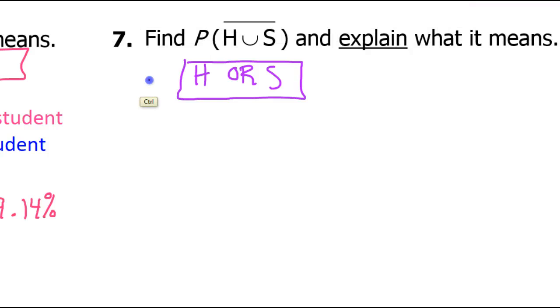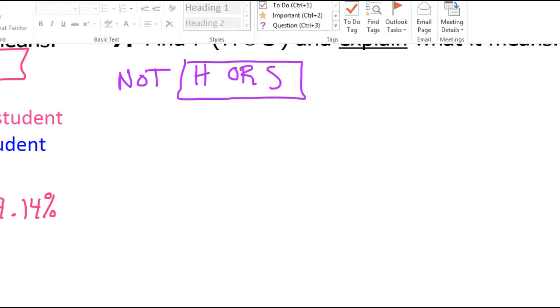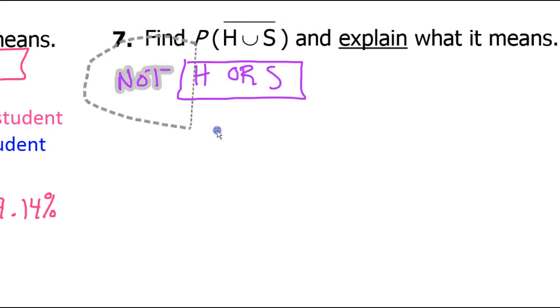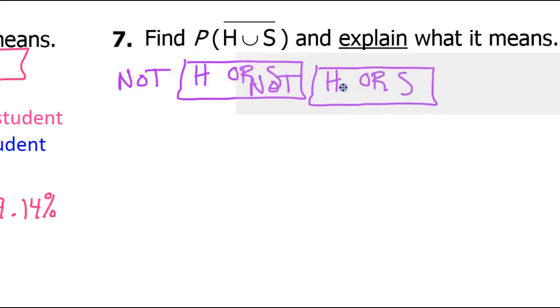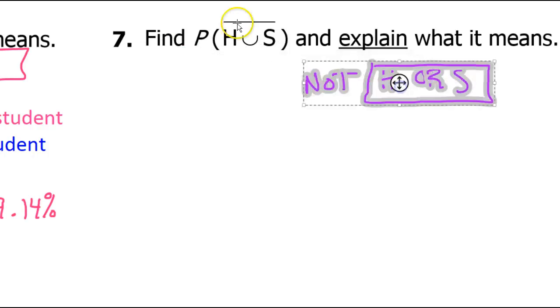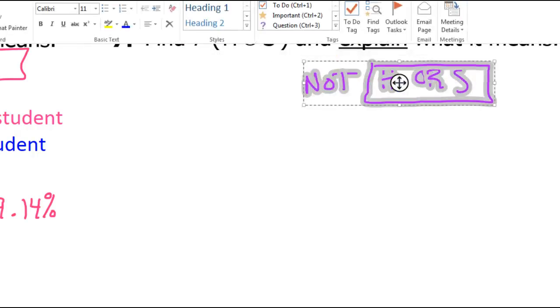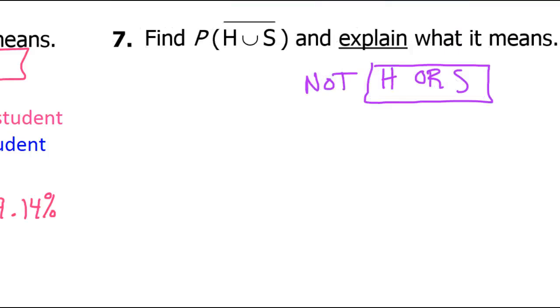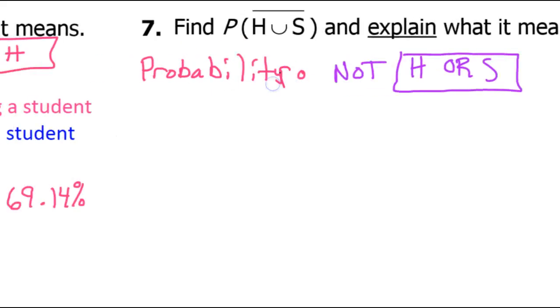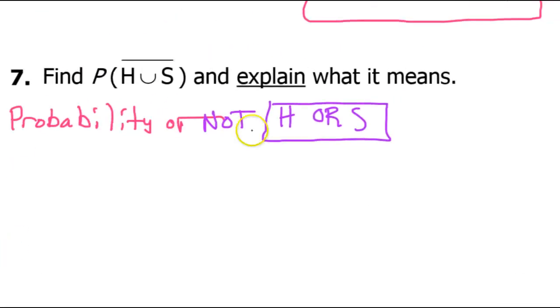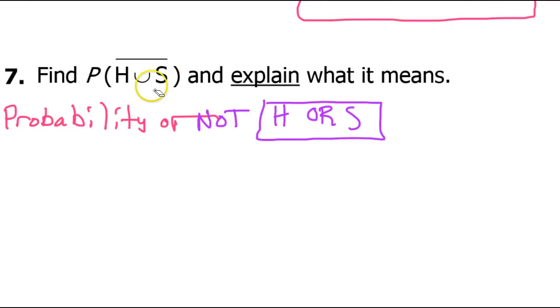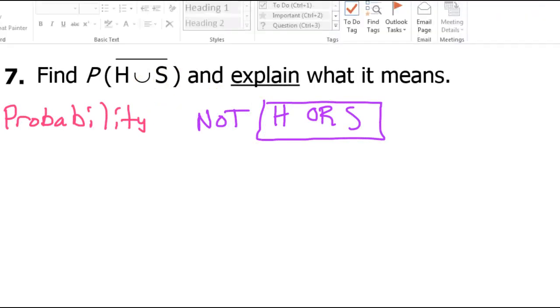So that would mean not H or S. And the P out front means that we're dealing with a probability. So the probability of not H or S.